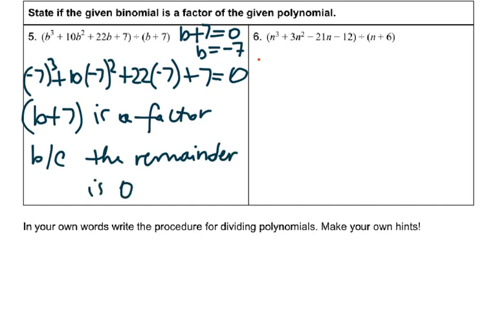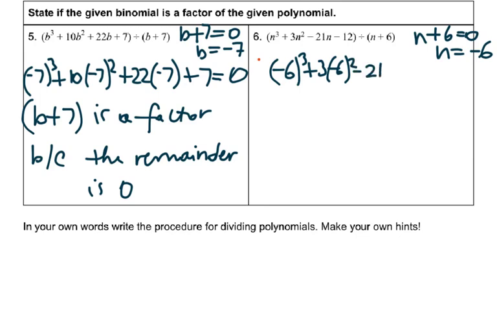Now let's check in number 6 if n plus 6 is a factor or not. So n plus 6 is 0. I want to find out what I'm actually substituting in, my potential 0. And I'm going to substitute negative 6 for each n into my dividend. If I simplify, I get 6, not a 0.